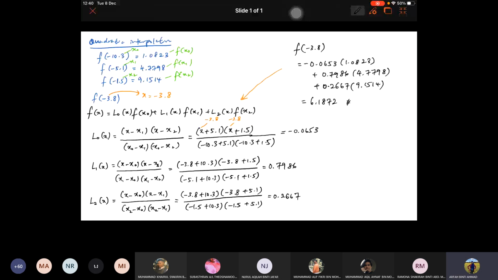So the next one kita ada, apa nama dia? Cubic Lagrange interpolation. Okay. Ada soalan tak so far yang ini? Tak ada. Okay. So yang lain faham, before saya proceed dengan cubic Lagrange interpolation.